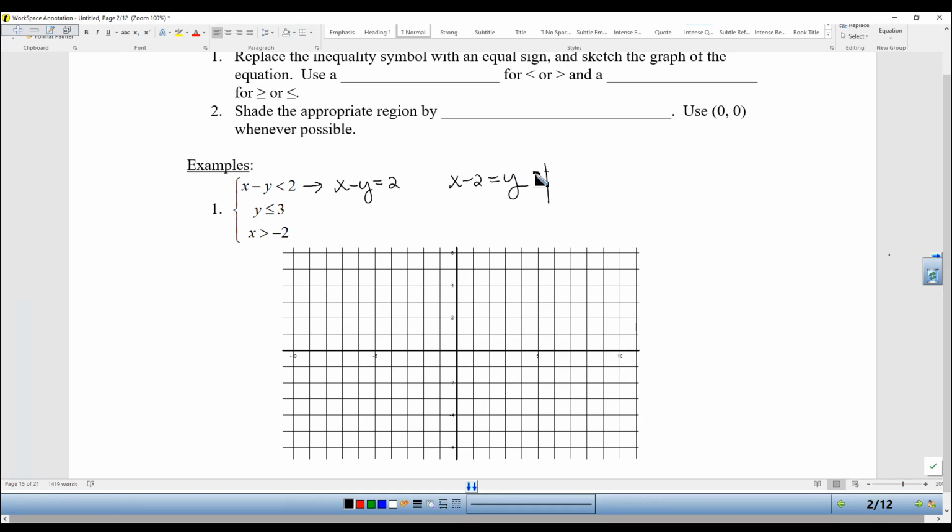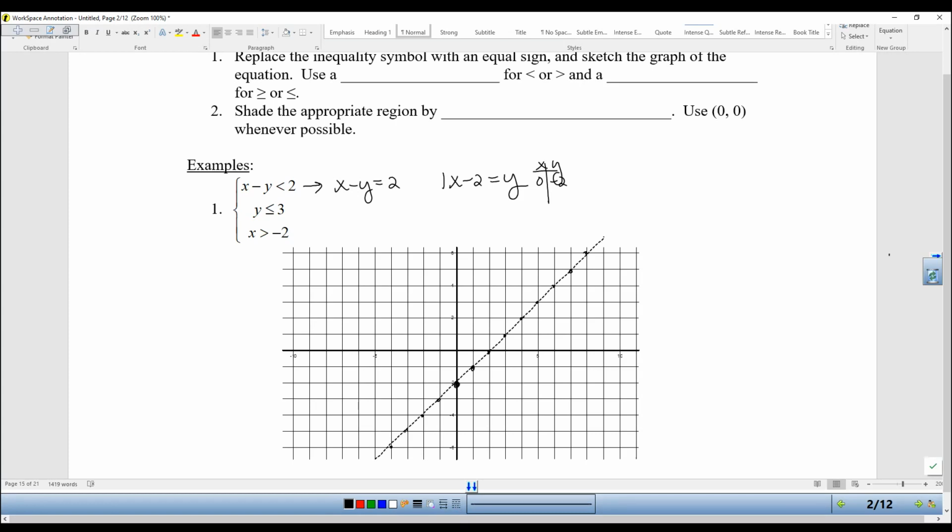I know one point on the line is at x is equal to 0, negative 2, and I know the slope of the line is 1, so I can go up 1 over 1. Now, because this is a less than symbol and not less than or equal to, I do want to make it dashed and not solid. So it would look like that.